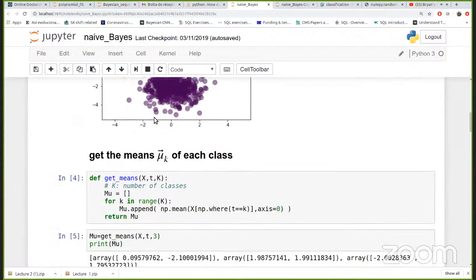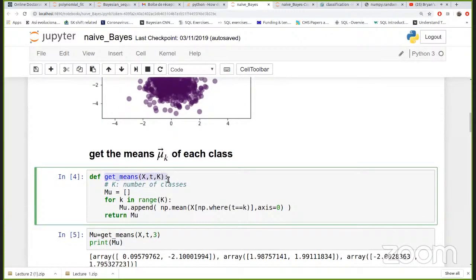The input is the whole data set, all the outputs, and the number of classes. For each class, I compute the mean of all the points belonging to it.